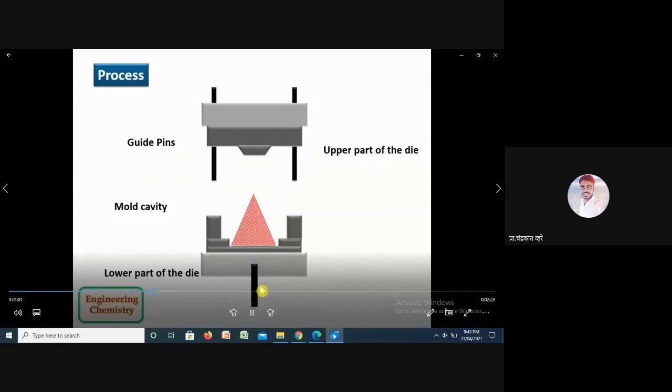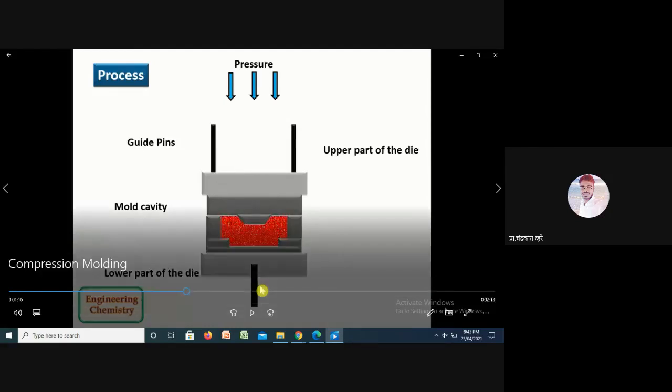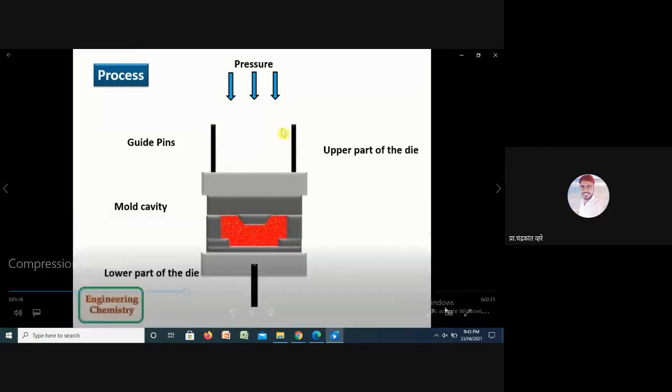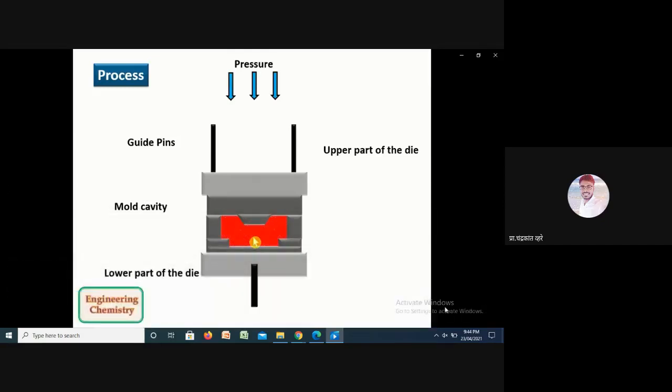Understand the process. If you see, the pressure is applied, and due to the compression process, the inside shape is called the cavity, and due to this cavity we get such a shape of the part.